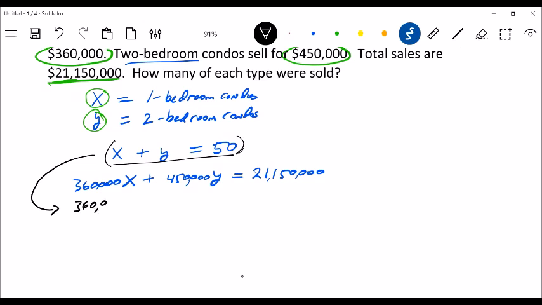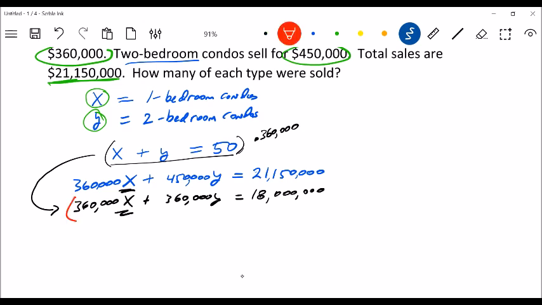So that one becomes 360,000 X plus 360,000 Y is equal to, 360,000 times 50, 18 million. What I did here is multiply that one by 360,000 so that I could eliminate these two X's, because now I can subtract and the X's go away.